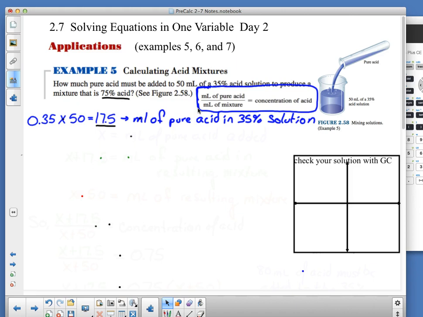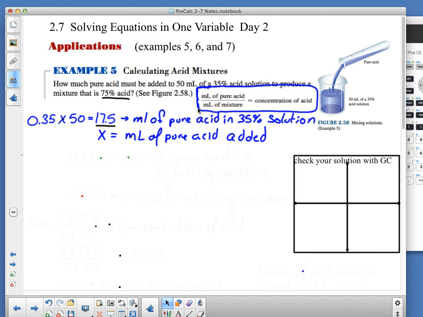Now I have a beaker of pure acid I'm going to add to my 50 milliliters. How much of that pure acid do I put in there to increase it from 35% to 75%? I want it to be 75% in the long run. So the X that I'm going to introduce in this problem is milliliters of pure acid added.